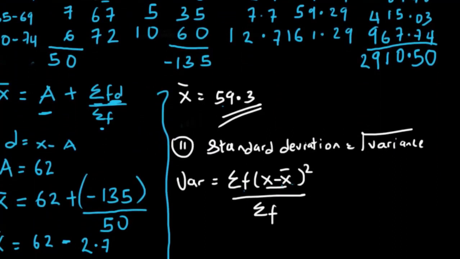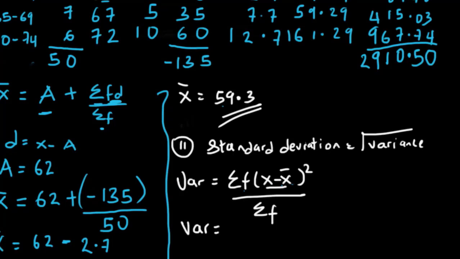Now we can slot that into the formula. So remember, our formula is variance equals summation f into bracket x minus x bar square all over summation f. What did we get for summation f into bracket x minus x bar square? This. So we have 2910.5 all over summation f, which is 50.